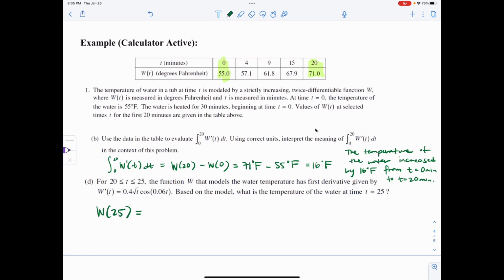So we can say that's equal to W of 20, which is 71 degrees Fahrenheit. And then we want to know what the change in the temperature is from 20 to 25 minutes. So we could integrate from 20 to 25 W prime of t.